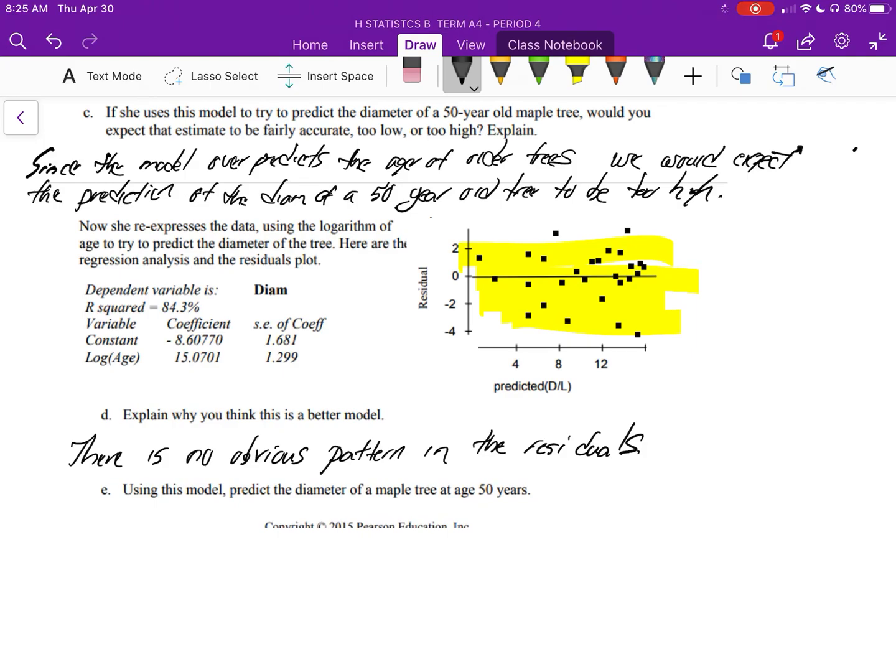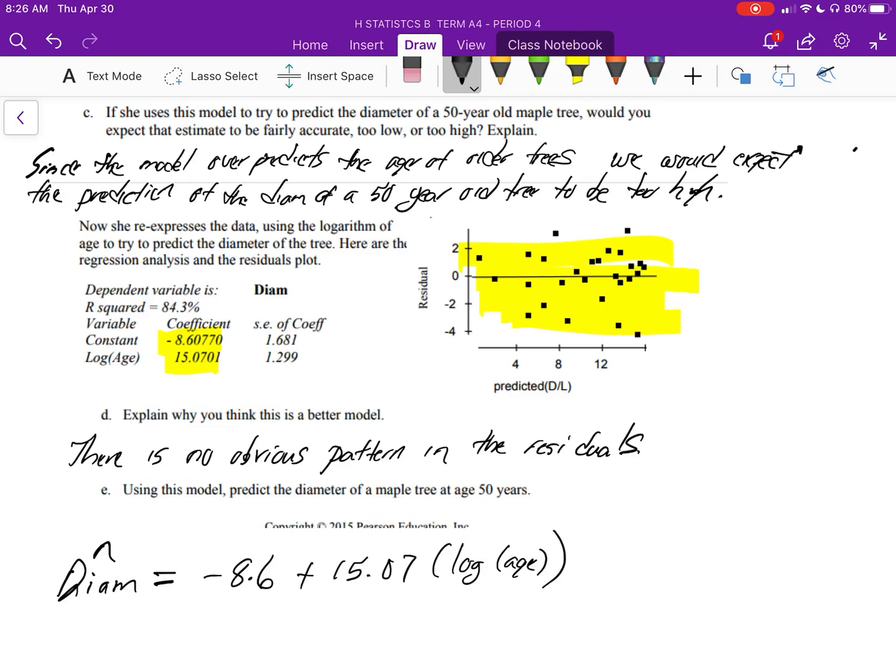So to get the model, if you recall, we need to know the constant. So here's our output, right? And we need to know the log of the age, right? So if we're going to write this, just like in our problem 12, we could say the change in the diameter, the beeping, please, is negative 0.86 plus 15.07 times the log of the age.